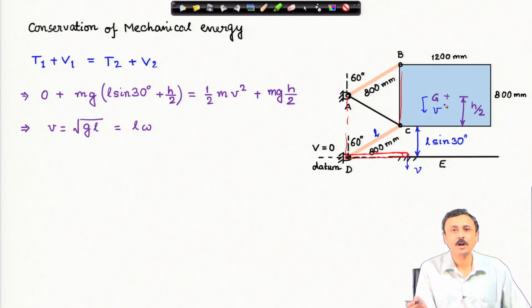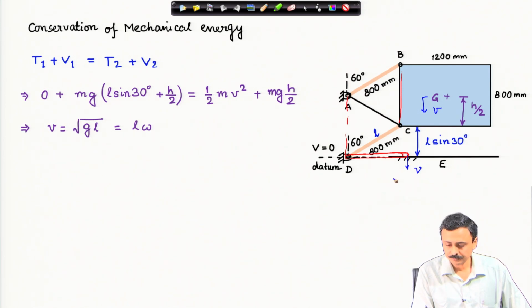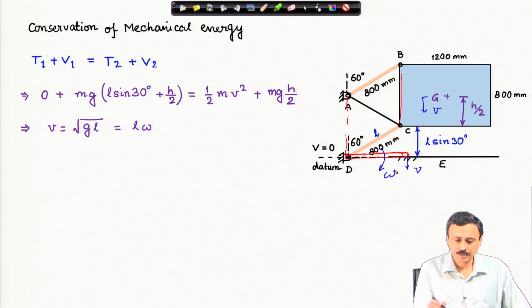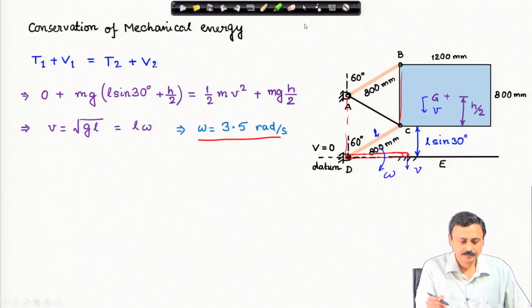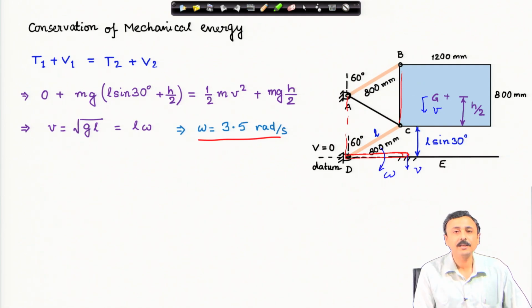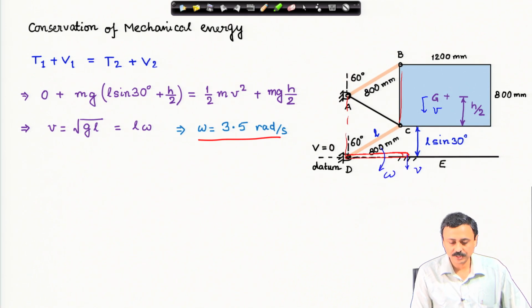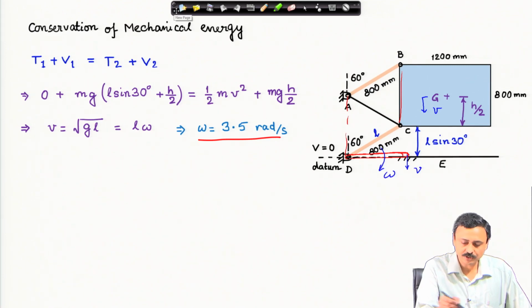Because the body is not in rotation, there is only translation. In a translating body, every point moves with the same velocity. Therefore, this point C has the same velocity as G, which is v, and this v must be this length times omega. If you calculate omega from here by plugging in the values that are provided, you will get omega as 3.5 radian per second. That is about the determination of omega.